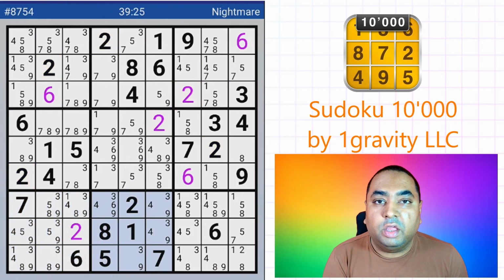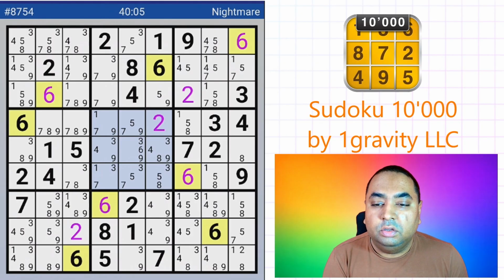Now examine block 8. In block 8, where can 6 be placed? As you can see, 6 can be placed only in one position, that is there. Now we will go for the next step.